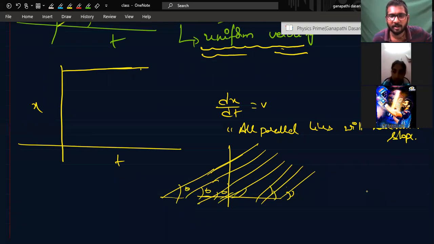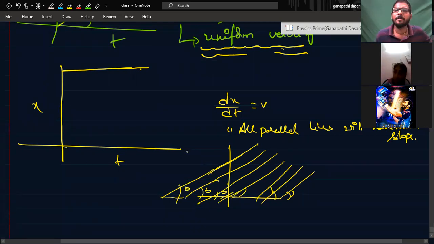Okay, then the x-axis slope is what? 0. The y-axis slope is what? The angle is 90, and tan 90 is infinite. So the y-axis slope is infinite and the x-axis slope is 0.